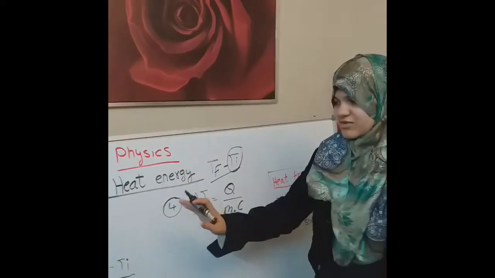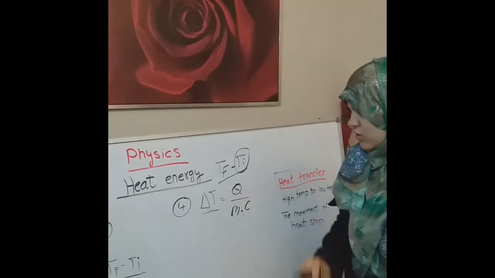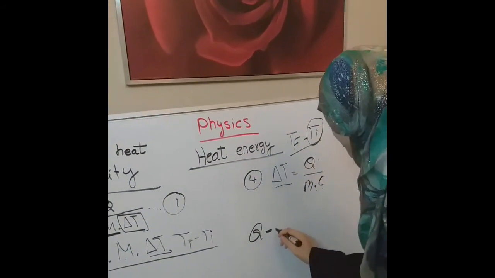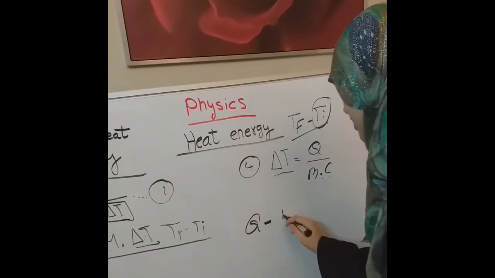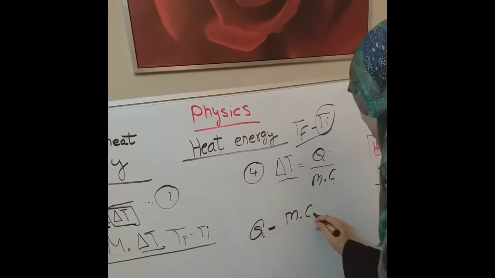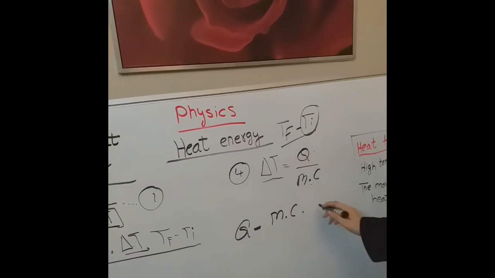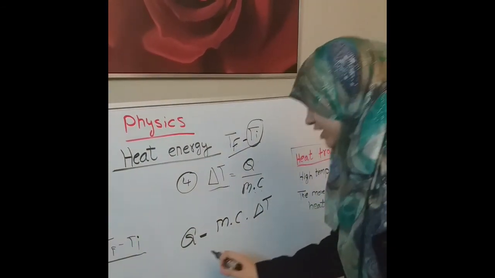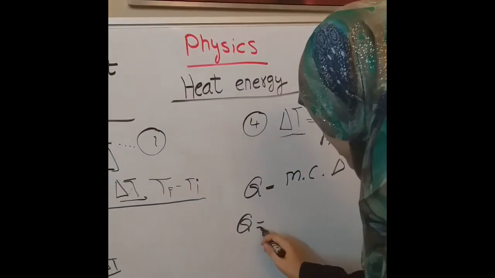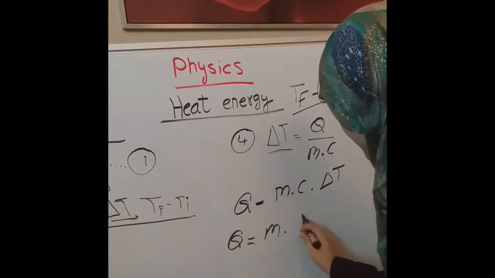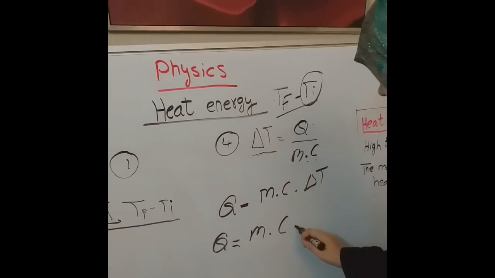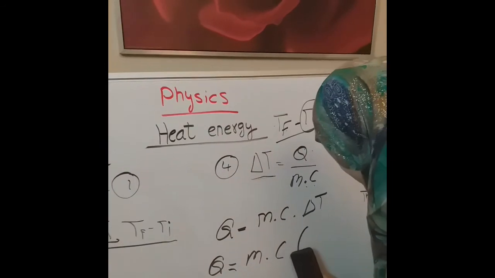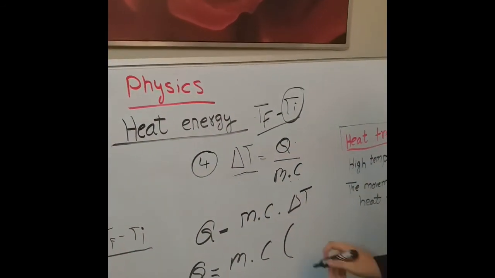We use the normal formula, Q equal to m times C times the change of T. That can be Q equal to m times C times, in brackets, T final minus T initial.